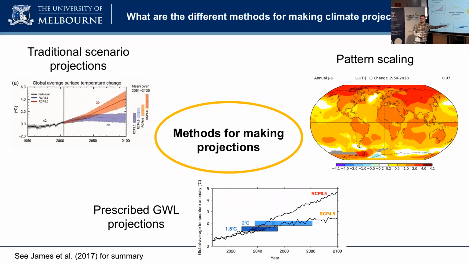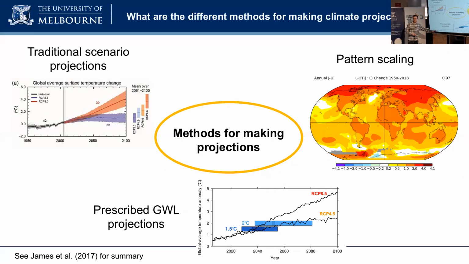This is just an example for ACCESS 1.3, one of the Australian climate models, under these two emission scenarios and the years that are pulled out to make a 1.5 and a 2 degree climate. So there's lots of pros and cons of using these different methods.